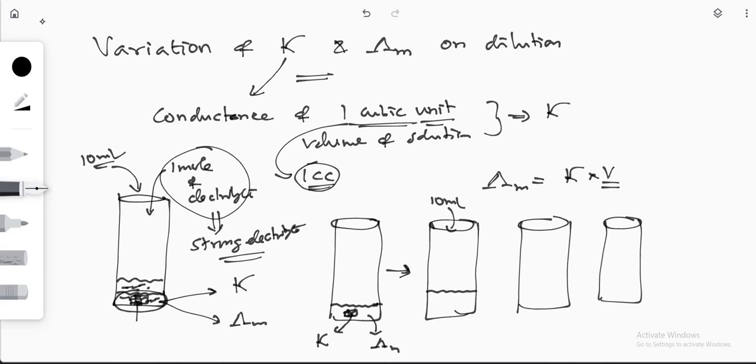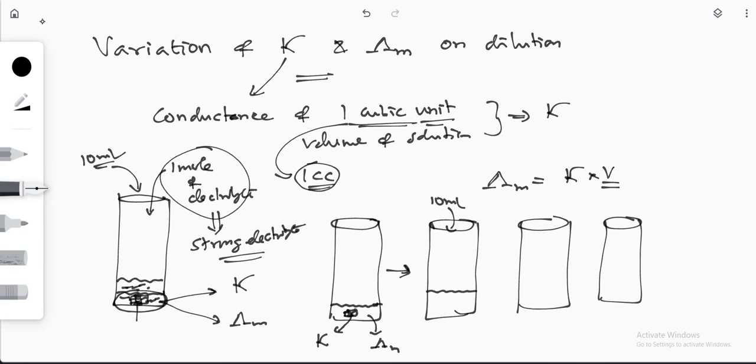So all the molecules are already ionized in the concentrated solution itself. All the molecules are completely ionized. So we have only ions now. If I add 10 ml of water, what will happen? Volume increases, but the number of ions remains the same because we have taken a strong electrolyte.